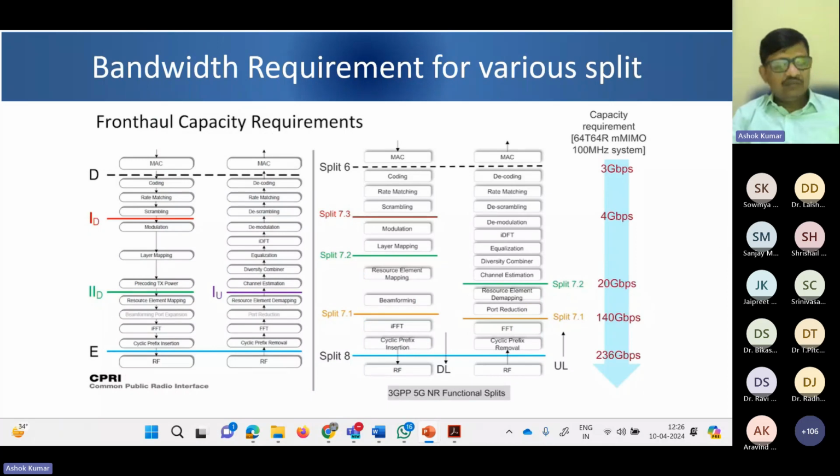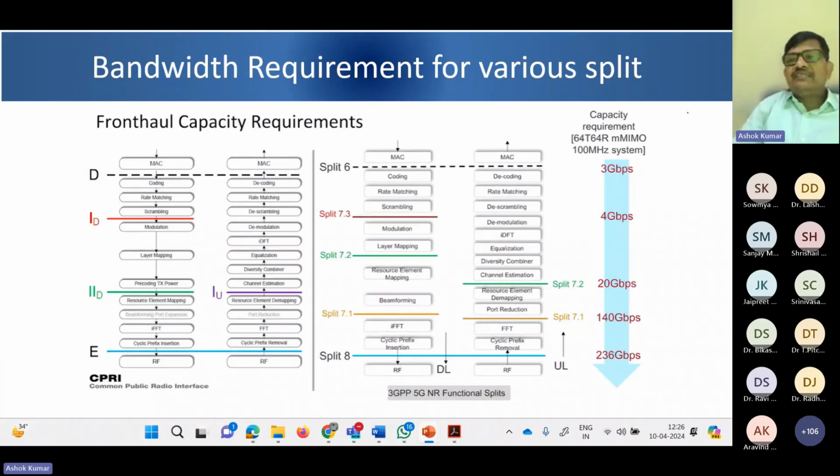Now the one question which comes to our mind is which option to use and what will be the backhaul requirement for each of these options. So let's take one example of what the backhaul requirement will be when I use a particular split.